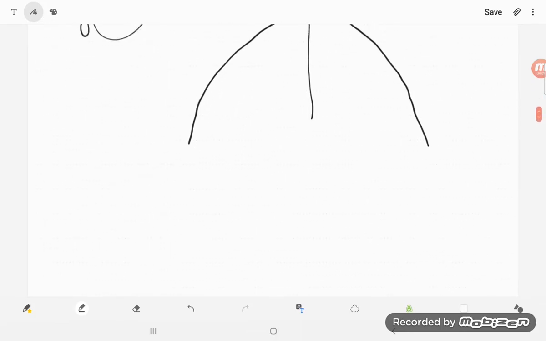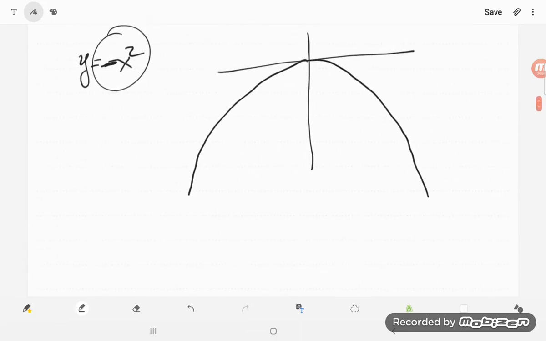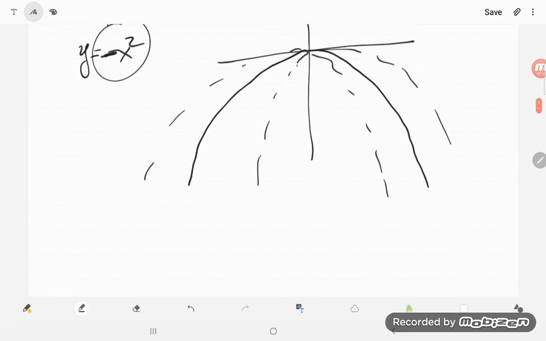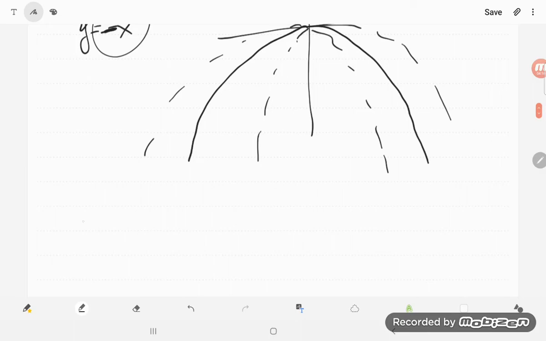It could be that we need a narrower parabola or a wider parabola. And we can get that simply by multiplying the x squared by some constant a.